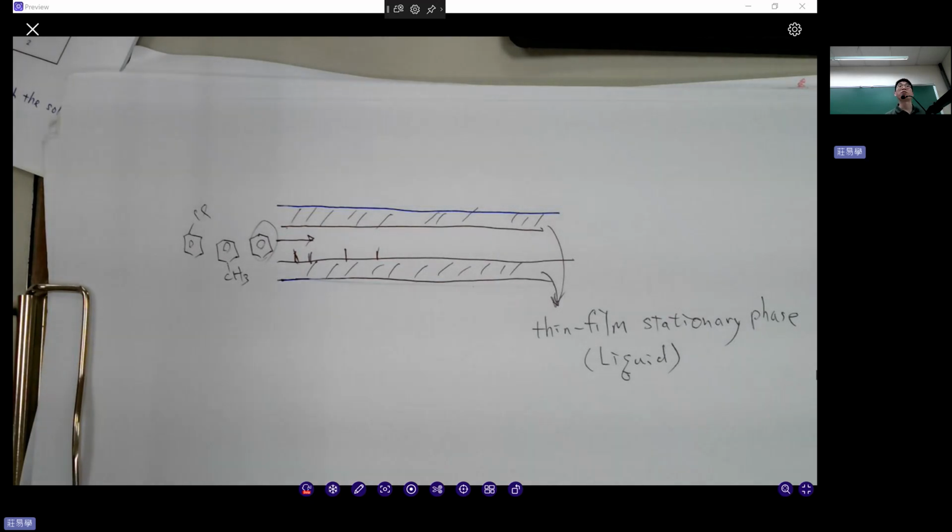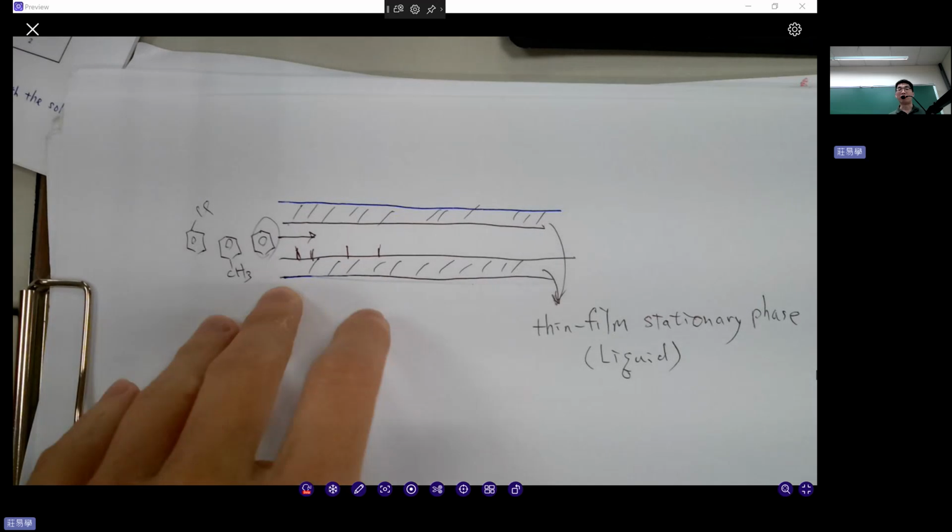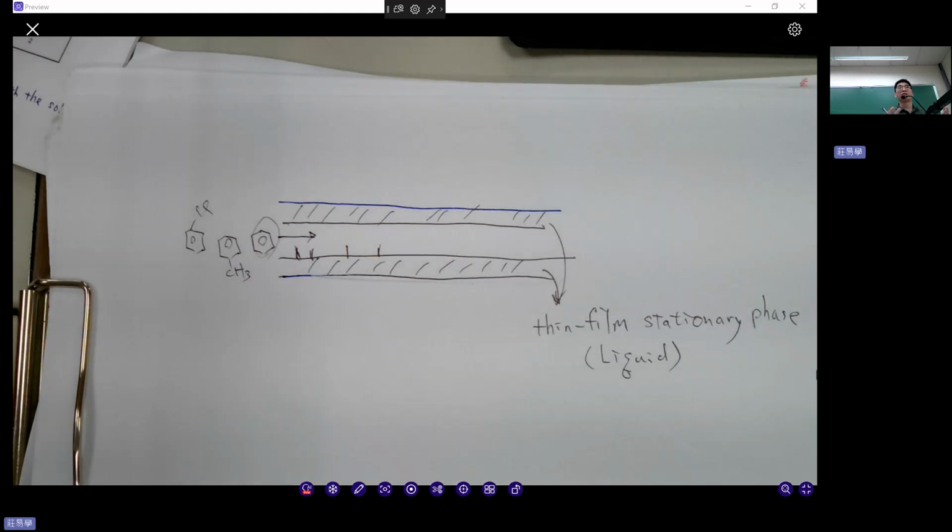How about gas chromatography? What is the main driving force? Think about it: the compounds can't just sit there and move forward on their own, right? Yes. So in the case of gas chromatography, usually we apply a stream of gas.